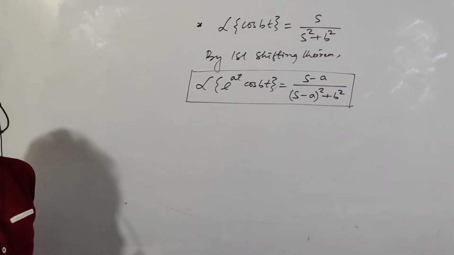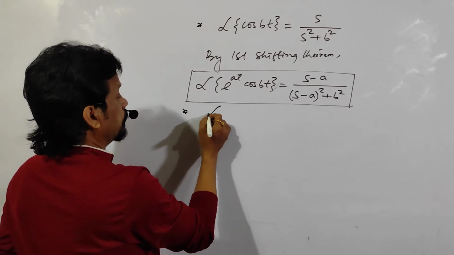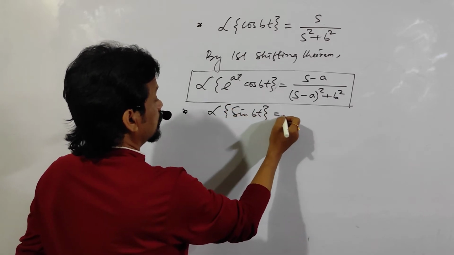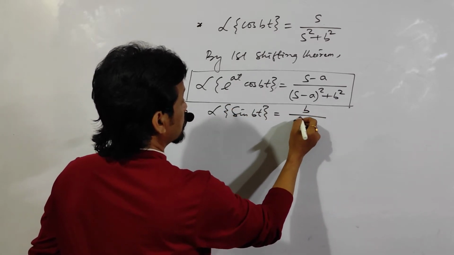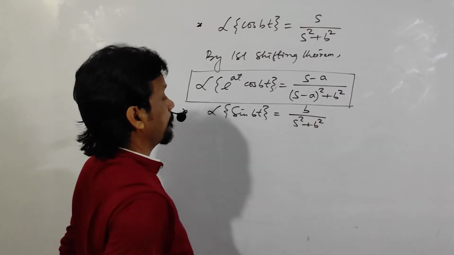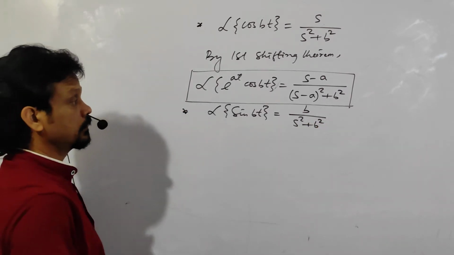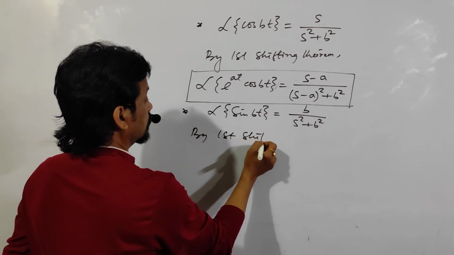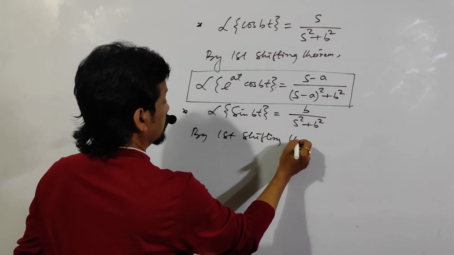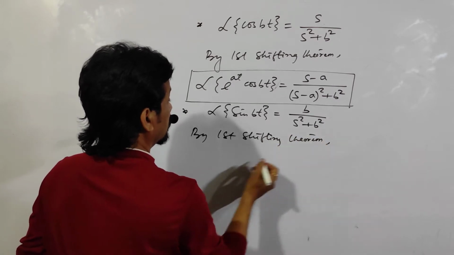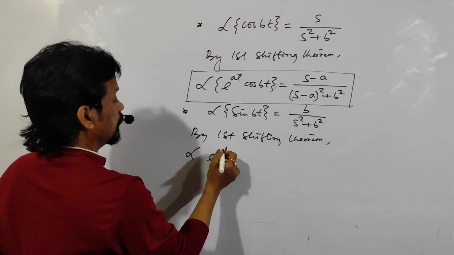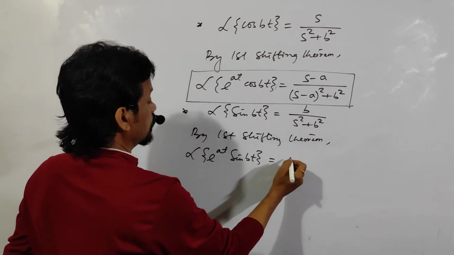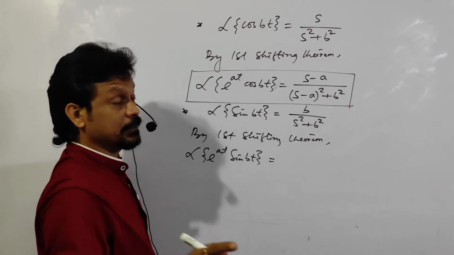first shifting theorem. Clear? Now, Laplace of sin bt. Here, b by s square plus b square. Clear? Now, by first shifting theorem, Laplace of e to the power at into sin bt is equal to, only you have to replace s by s minus a.